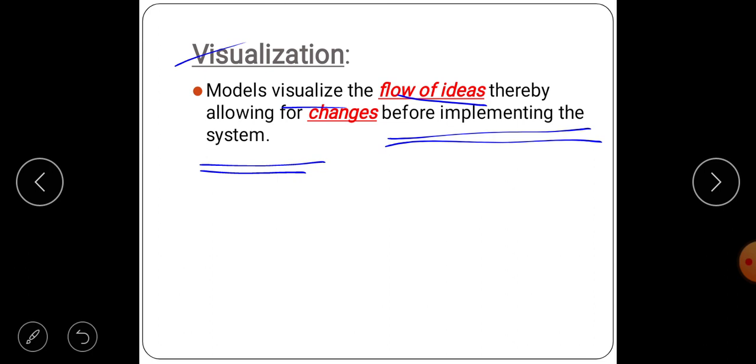We can make some changes before the implementation of the system by going through the flow of ideas. Okay, by seeing the flow of ideas, that is visualization.